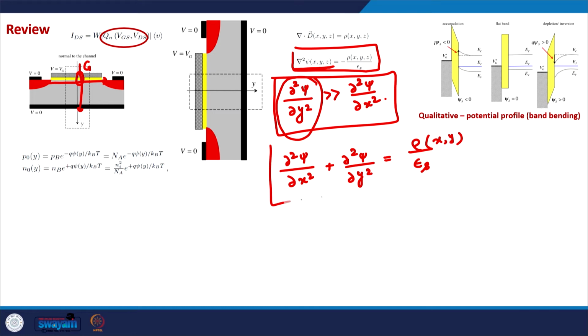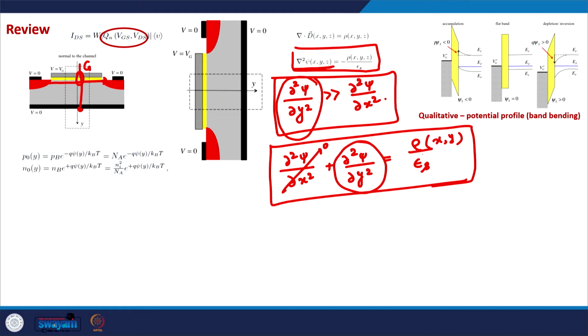But in most of the conventional MOSFETs, the x term is almost 0, or extremely small as compared to this one. And so we can just solve this Poisson equation and do our electrostatics, which is the conventional electrostatics in MOSFETs.